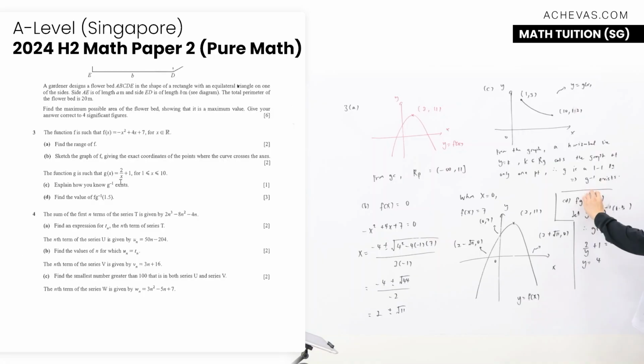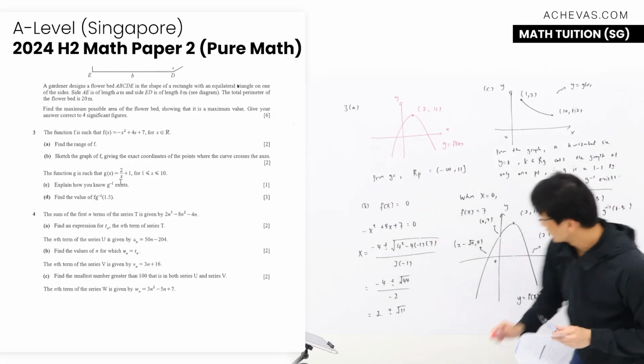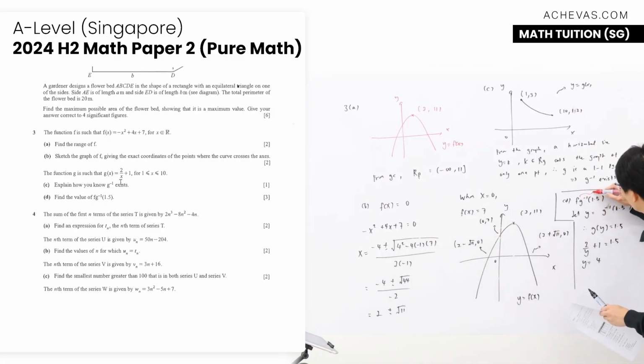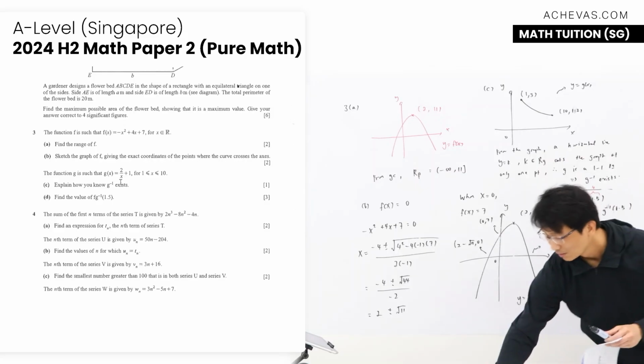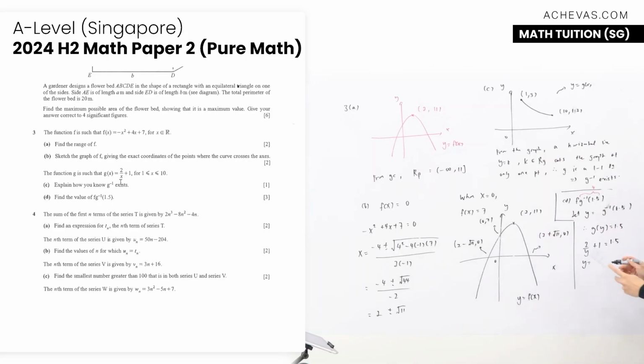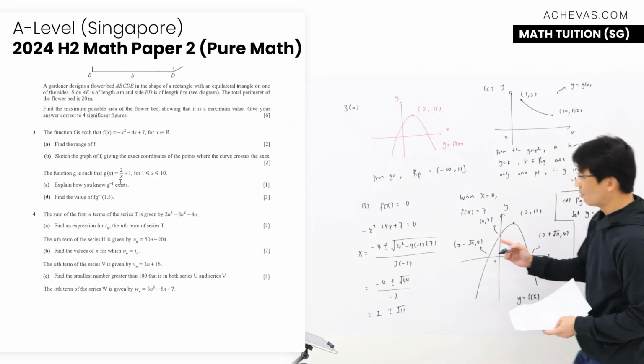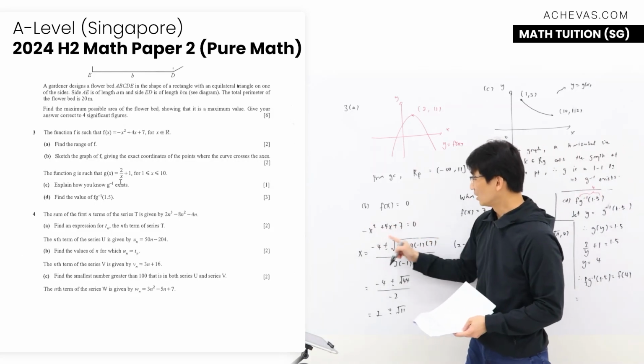This part here is 4. Let me just indicate here, this part here actually is 4. So therefore, I can rewrite fg inverse 1.5 as the same as f(4). Then this whole thing will just be equal to subbing 4 into my equation for f, which is this equation here.